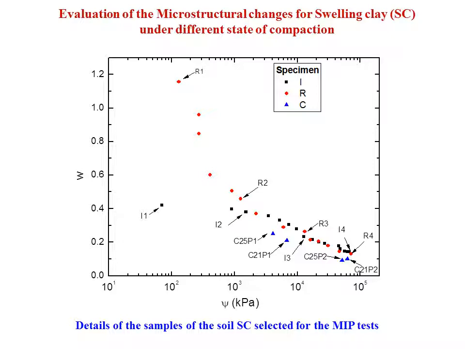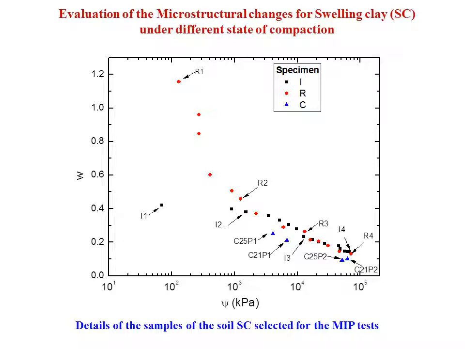These data points represent the water retention data for the reconstituted sample during its drying. These data points represent the water retention data for the intact samples during its drying, whereas the blue data points represent the water retention data for the compacted samples, compacted at 25% and 21% moisture content.